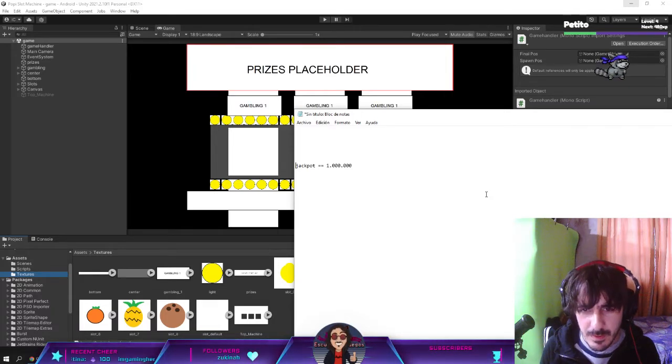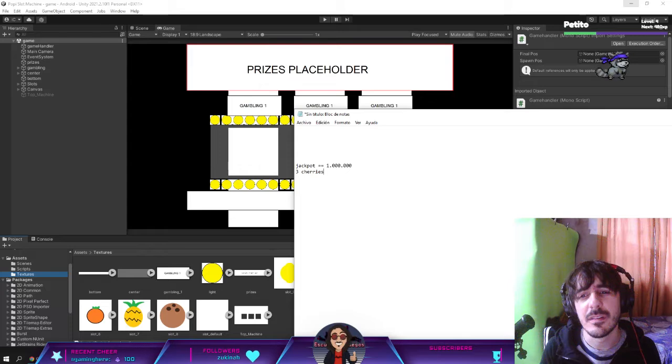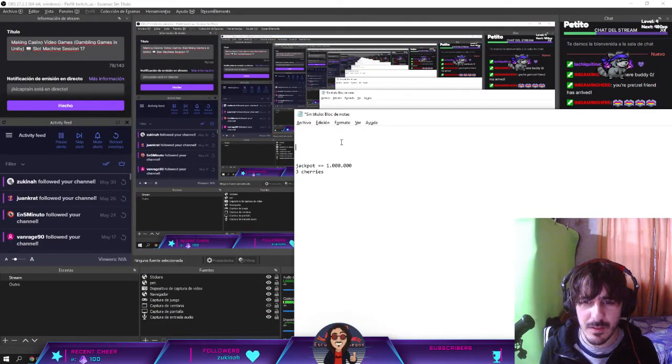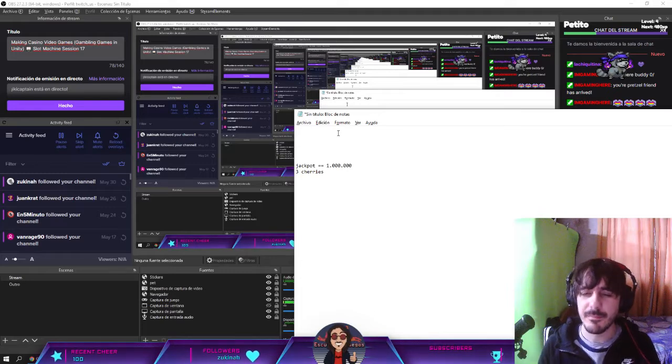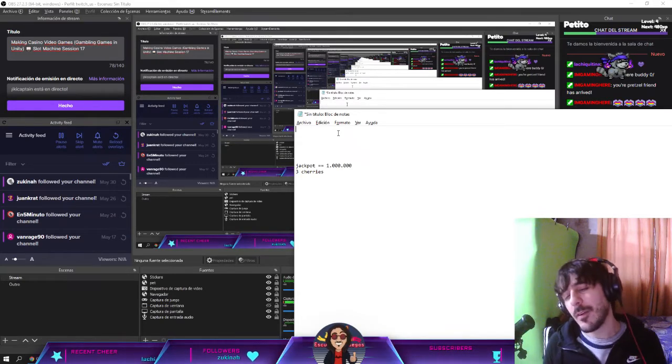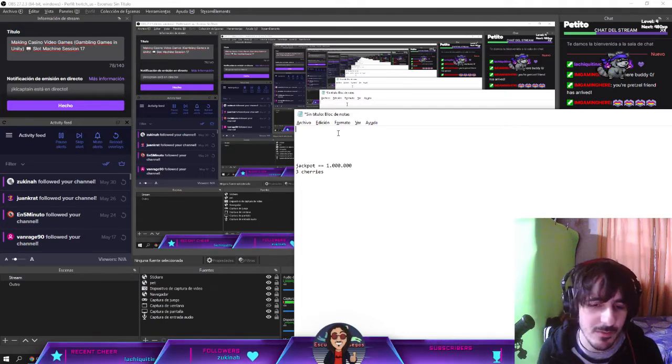And this will be coconuts or 3 cherries. 3 cherries, I think. Yeah, 3 cherries will be the jackpot. By now, maybe we change.